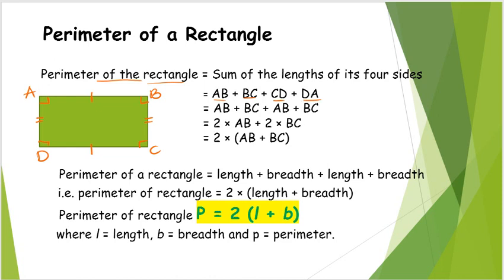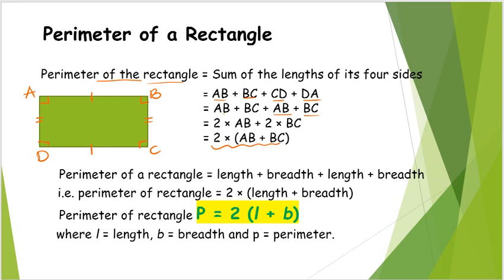Already we know that AB is equal to CD, and in the same way BC is equal to DA. So instead of CD I have written AB, and instead of DA I have written BC. So AB plus AB is 2 times AB, plus 2 times BC. So the formula for this is 2 times (AB plus BC).